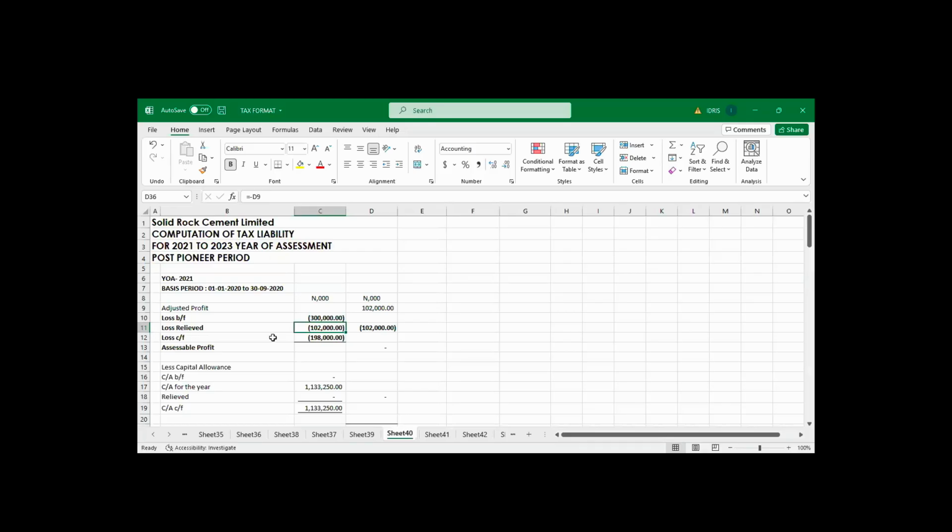So what will be the remaining loss that we carry forward to the next year? 198. This 198 we carry forward to the next year of assessment. At the end of the day, since this company has used all their profit to relieve the loss, there is no assessable profit.